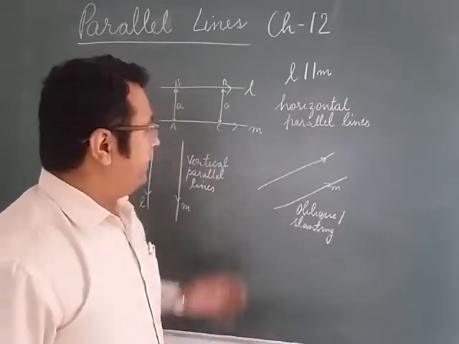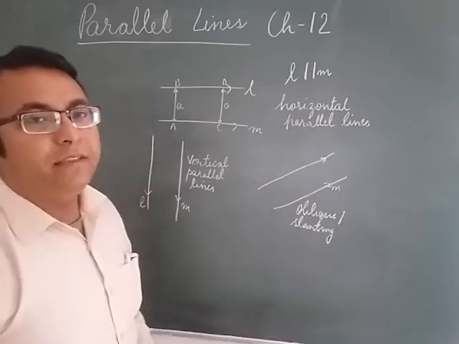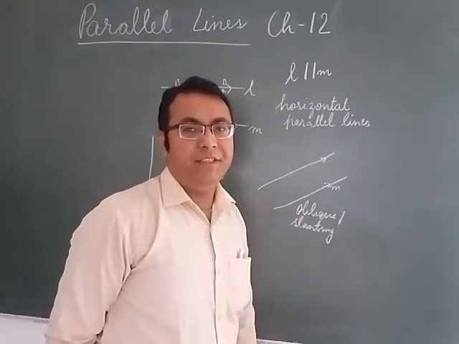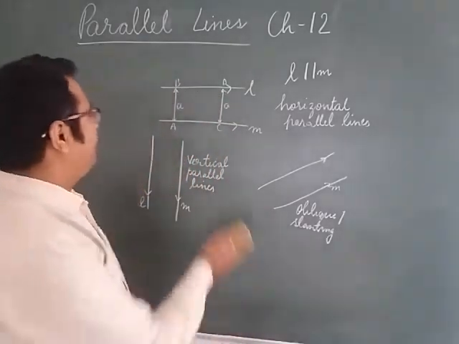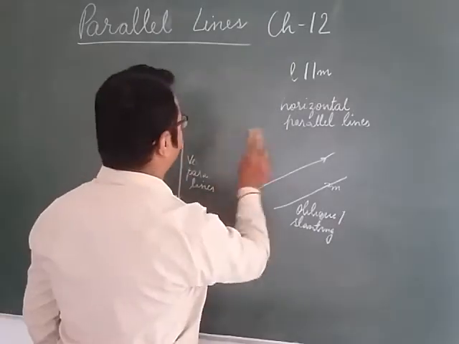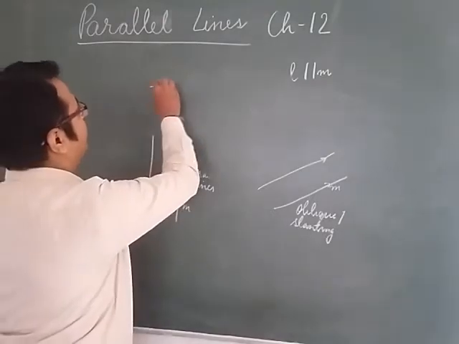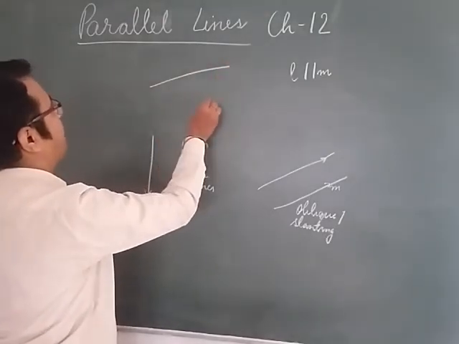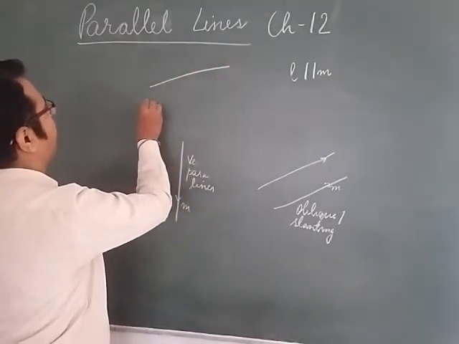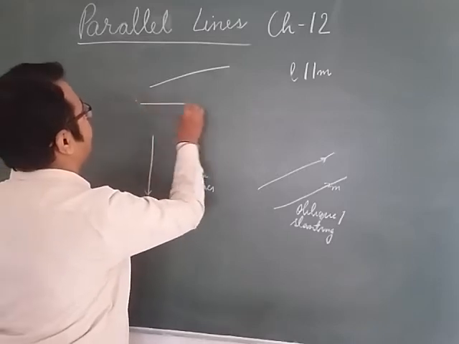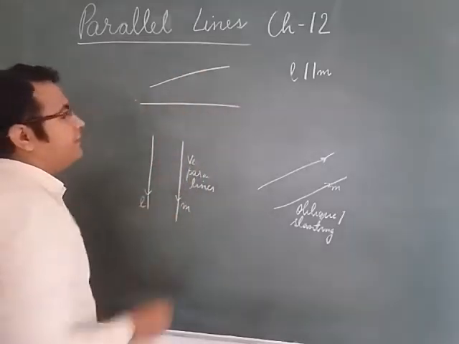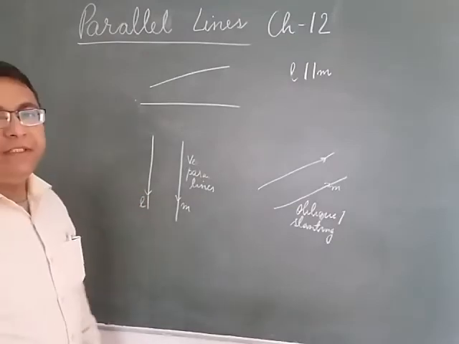Now, as I told that parallel lines are those lines which never meet each other. Now, for example, if I draw two lines like this, so you can see these lines also do not meet with each other.